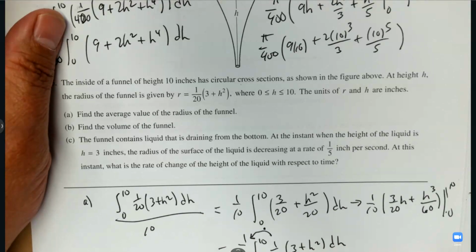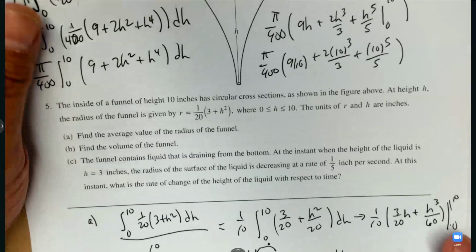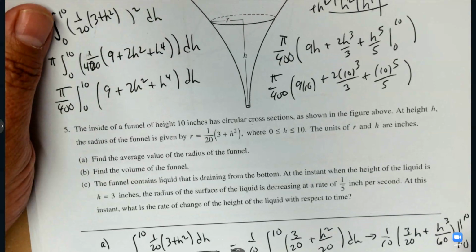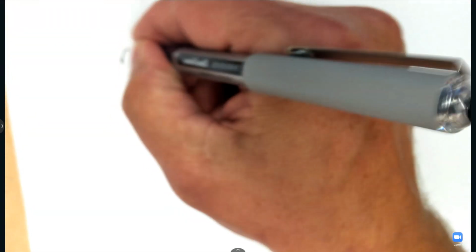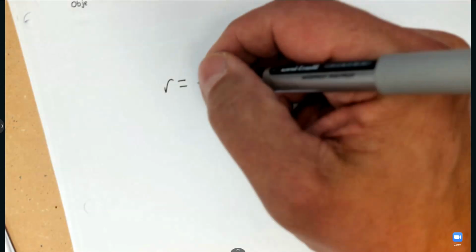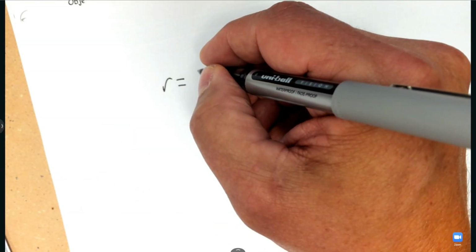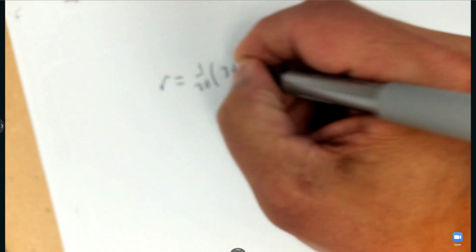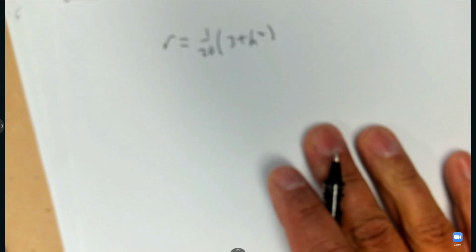All right, so we're going to look at the radius, which is 1 over 20, 3 plus h squared. What we're going to do is take the derivative of that. So first I'm going to distribute, so I get 3 over 20 and then h squared over 20.